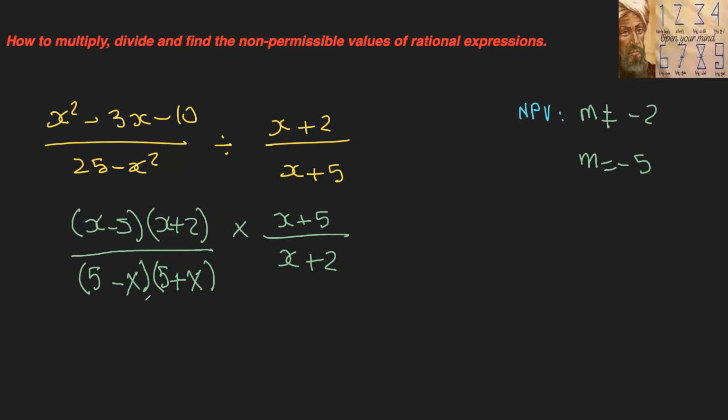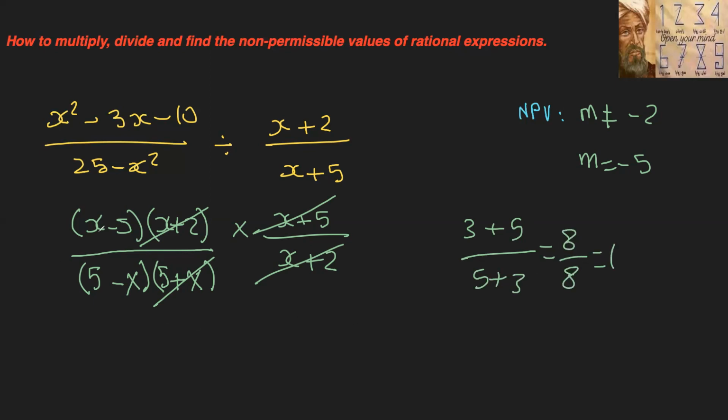Okay. Now, I could cancel this x plus 5 with this x plus 5. I could cancel this x plus 2 with this x plus 2. This is x minus 5, and this is 5 minus x. If this is a plus, you could cancel them with no problems, because let's say 3 plus 5 and 5 plus 3 both give you 8 over 8, which gives you 1. But this is minus. Can we cancel them?